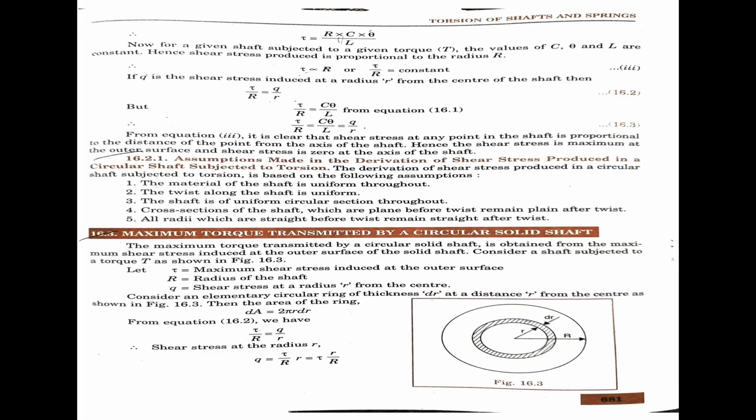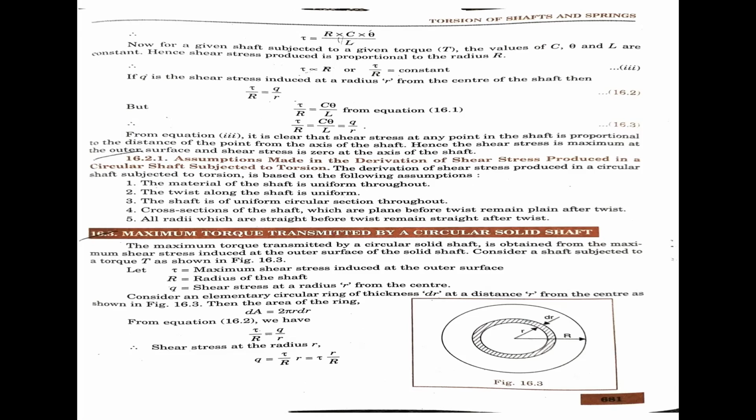Now the assumptions in this derivation for a circular shaft. 16.2.1, assumptions made in the derivation of shear stress produced in a circular shaft subjected to torsion. The derivation is based on the following assumptions. The material of the shaft is uniform throughout.